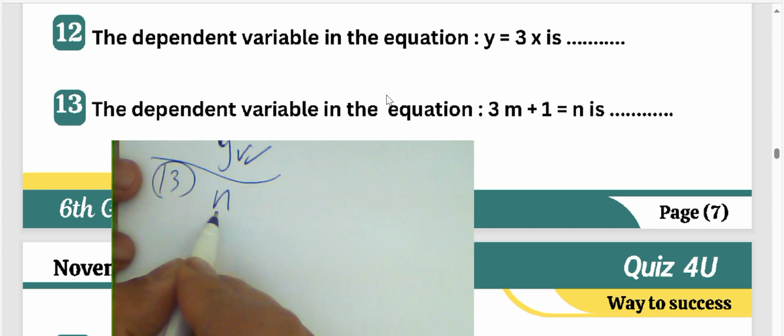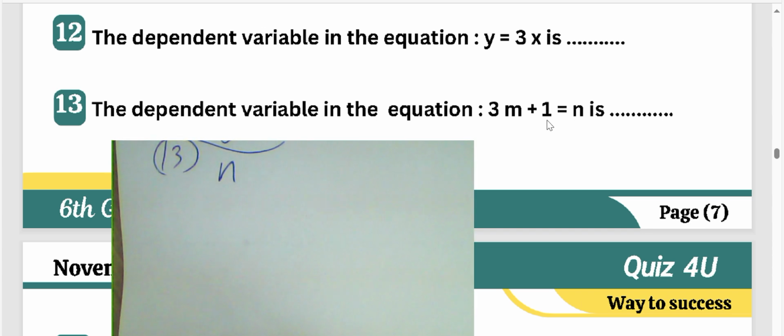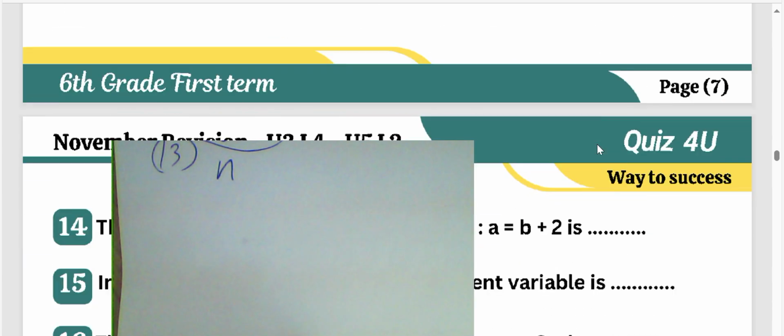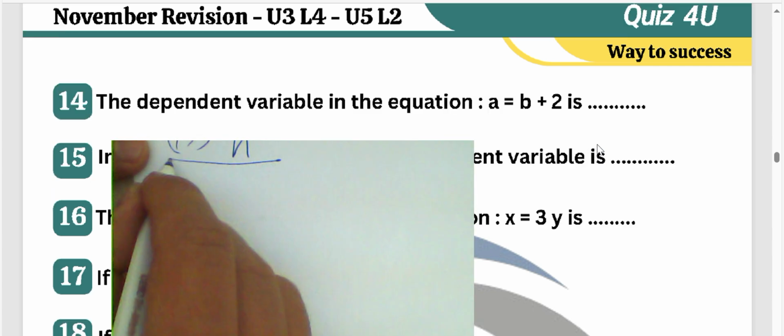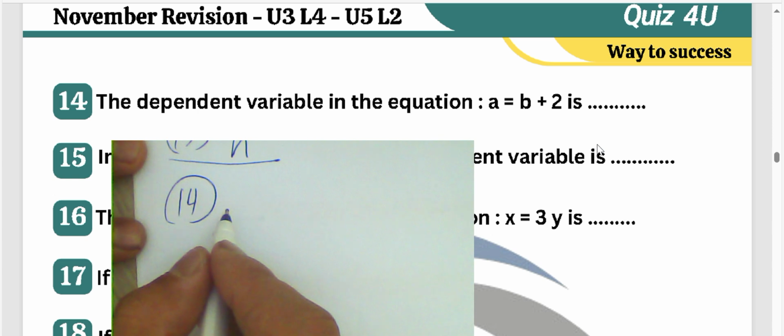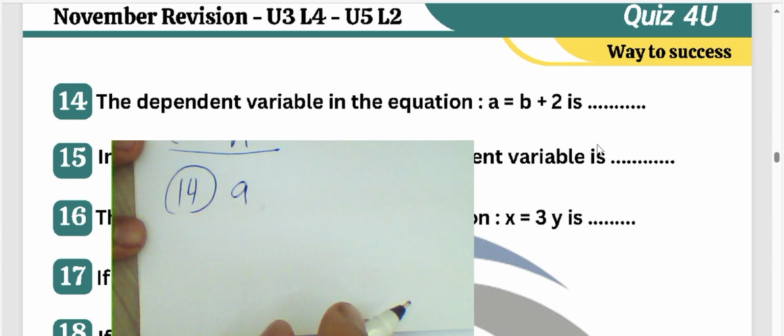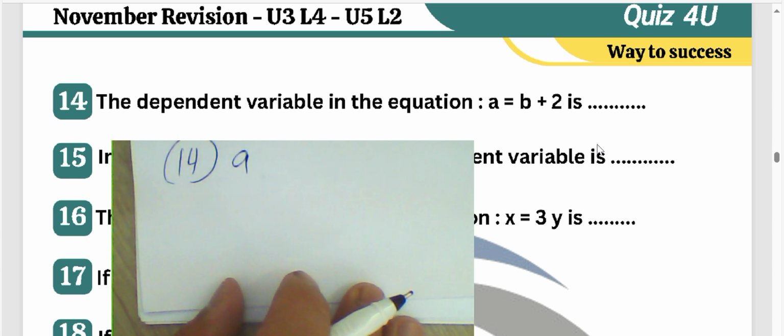N is dependent and m is independent. Next, question 14. The dependent variable in the equation will be a. A here is dependent. A plus equals p plus 2, then a here is dependent.